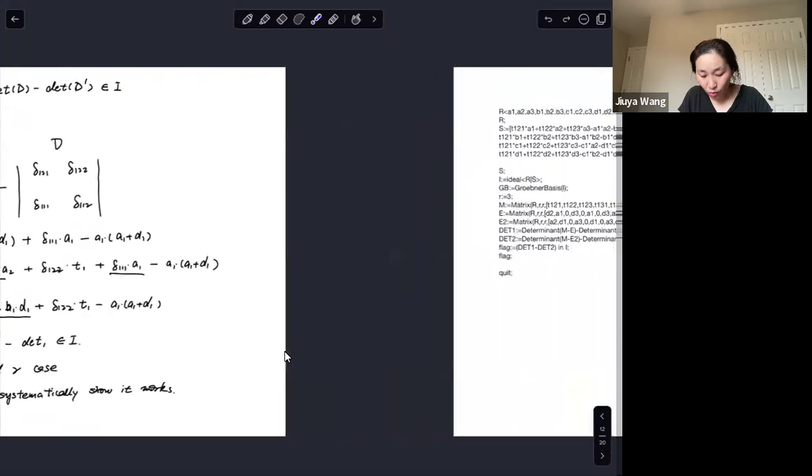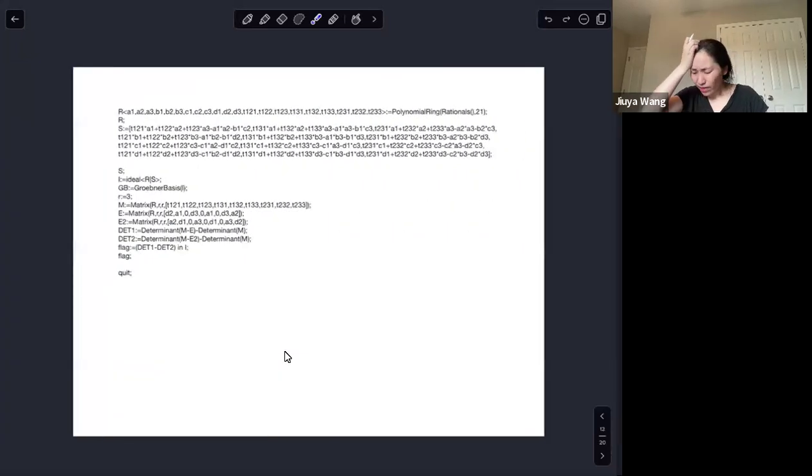At this point, we have done a lot of computations either by hand or by programming. For example, this is code that we used to run on the computer. It is very short and simple, but it runs very slowly.